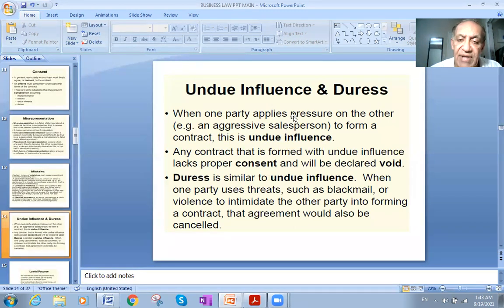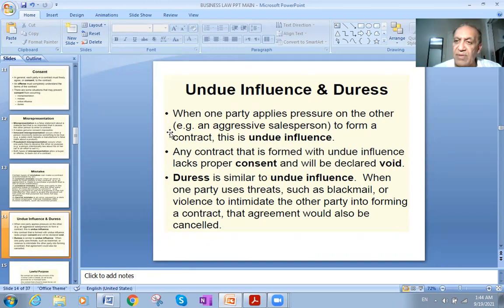When one party applies pressure by repeating, you buy it, you just buy it, take it, it's very good, like that way. And I'm saying, hey, take this, okay. On the other, I'm practicing pressure, as an example an aggressive salesperson to form a contract. This is undue influence.